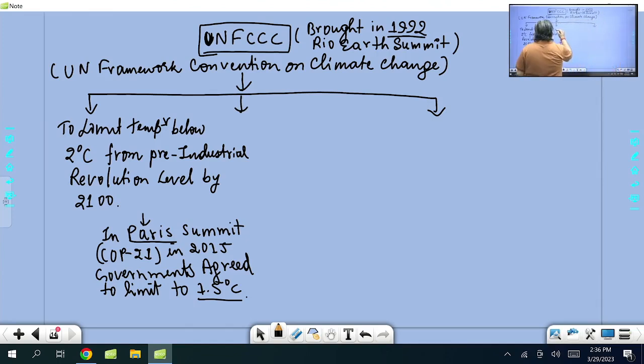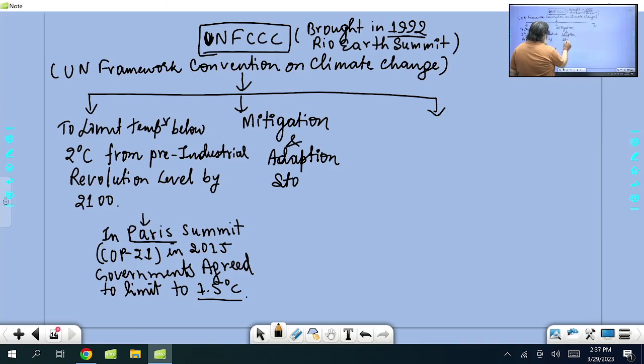The second objective is something called mitigation. As the climate change impact is being felt, there have to be worldwide mitigation and adaptation strategies. For example, adoption of clean technology.